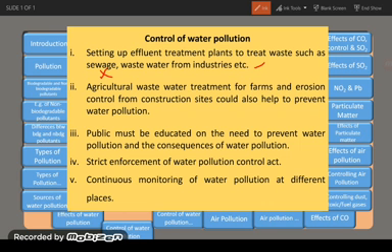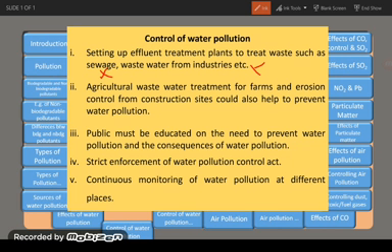Then two, agricultural wastewater treatment for farms and erosion control from construction sites could also help to prevent water pollution. That is, if we channel our runoff properly into a particular place that will not make them contaminate water, then we can control such kind of pollution.